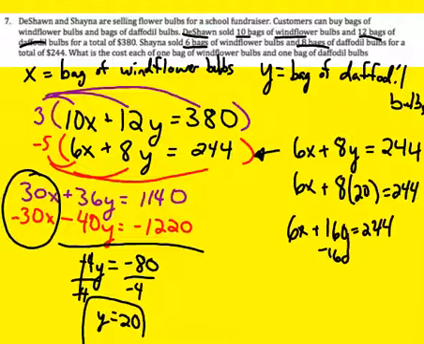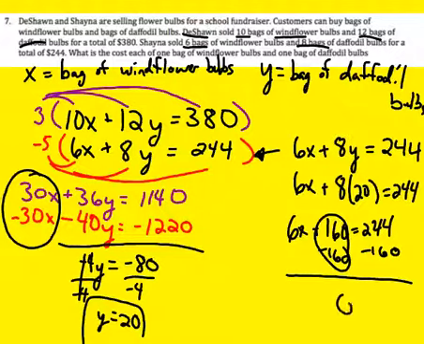Subtract 160. Subtract 160. So I have 6x equals, that is not how I did that in my notes. So this is 84. No, 40, 84, yep. Divide by 6, divide by 6.